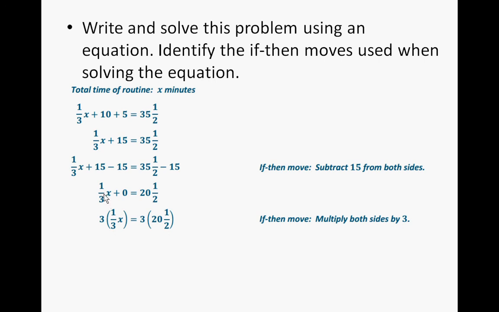And then multiplying by the reciprocal of 1/3, which is 3, we would get 3 times 20 1/2, which is 61 1/2 minutes. So 61 1/2 minus 35 1/2 equals 26, and therefore it takes Nancy 26 minutes to drive to work.